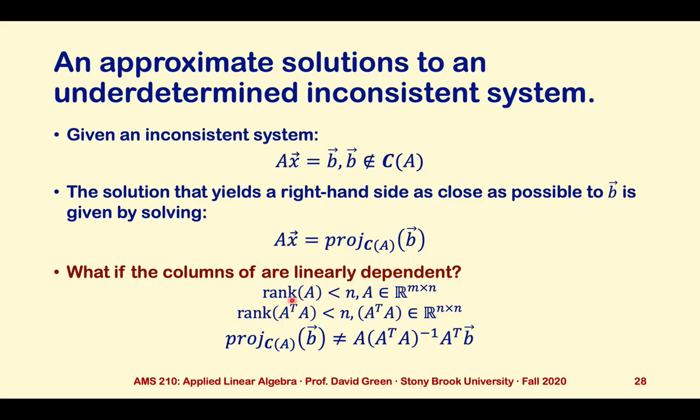The rank of A transpose A then also has to be less than n, but A transpose A is an n by n matrix. That means this matrix must be singular. If it's singular, we cannot compute this inverse. We don't have this method of computing the projection. We can't define a pseudo-inverse. We can't use that general approach. Does that mean that we can't solve this kind of problem? Not at all.